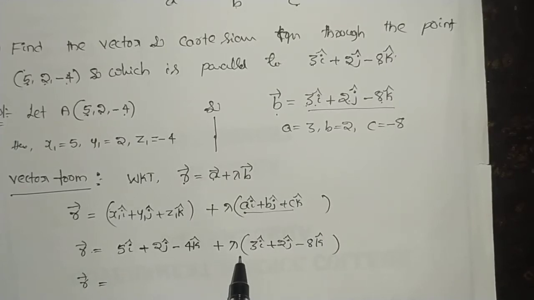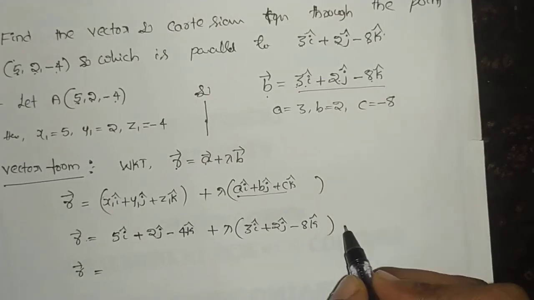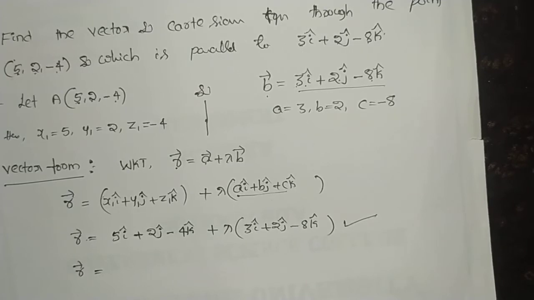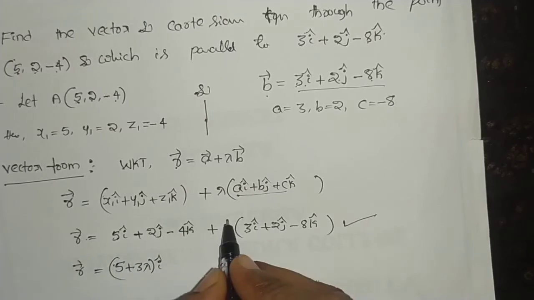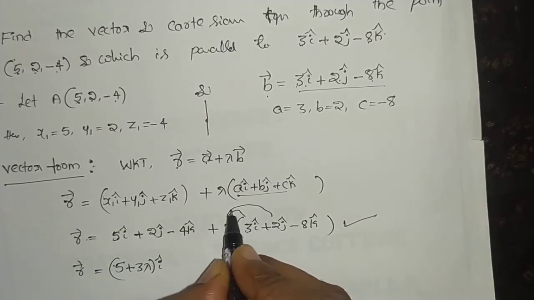if you want to simplify, you can simplify, or else you can stop here itself. If you want to simplify, you can simplify like 5 plus 3 lambda into i cap. You just multiply this lambda inside the brackets.